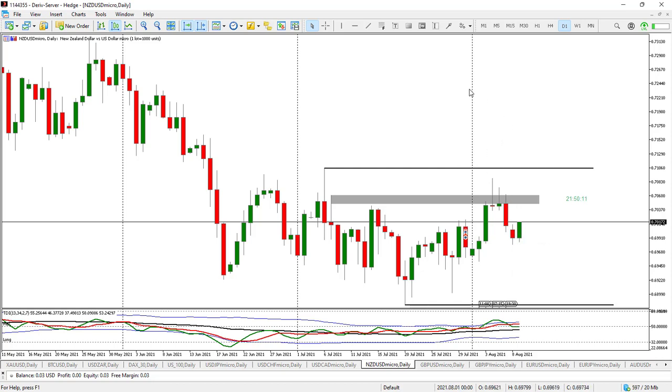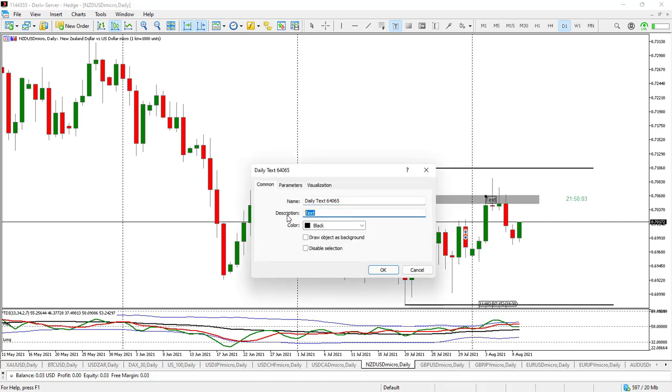And then what I will do, again, I'll also repeat what I did. This is the first candle determining the swing high.